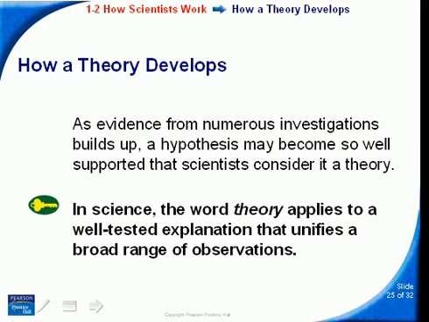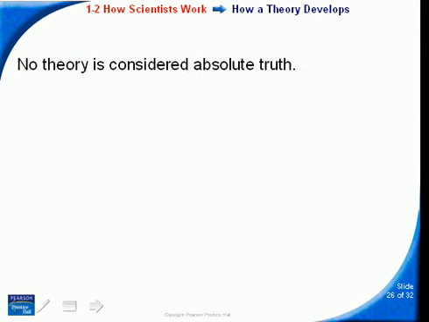A theory is an explanation, and it relies on a lot of different experiments. It's broad, meaning it covers a lot of different examples and aspects to explain some concept.